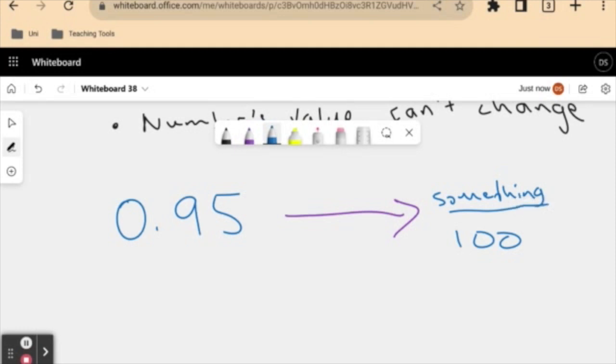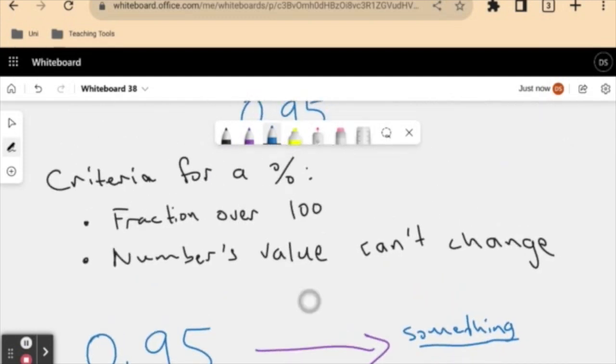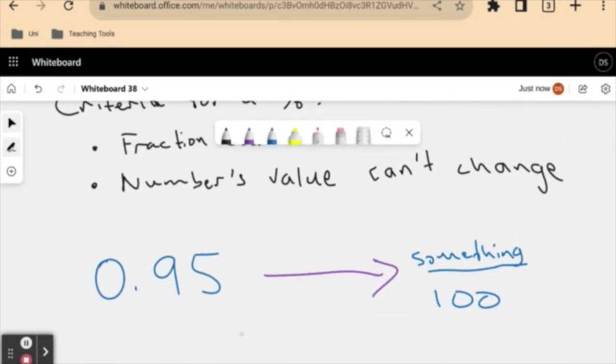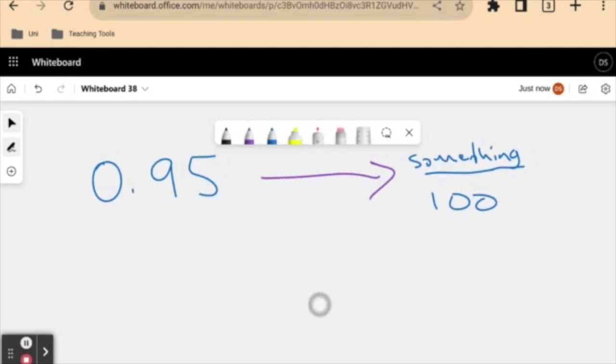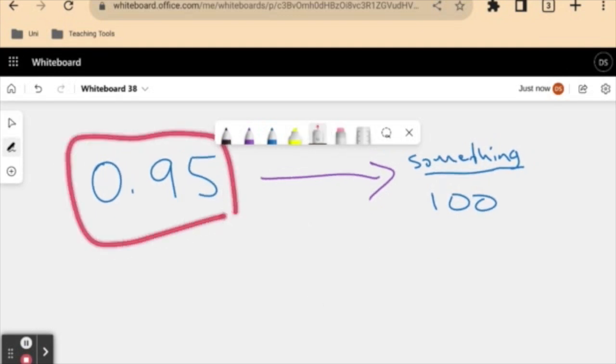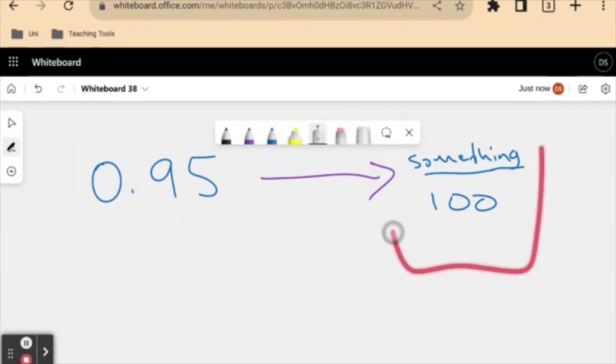Cool. Okay. Now, we need two bits of the puzzle. We need to satisfy these two conditions we've laid out up here. And that will hopefully give us some intuition into how we can manipulate this number into a fraction over 100.